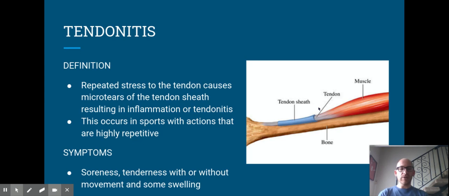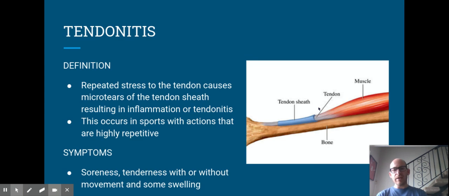You often see pitchers with tendonitis around the elbow and shoulder. For me, as a volleyball player back in the day, I had tendonitis in my hands from setting. You'll see volleyball players with tendonitis in the shoulder from hitting. And you can think about whatever your sport is, where the repetitive actions occur.